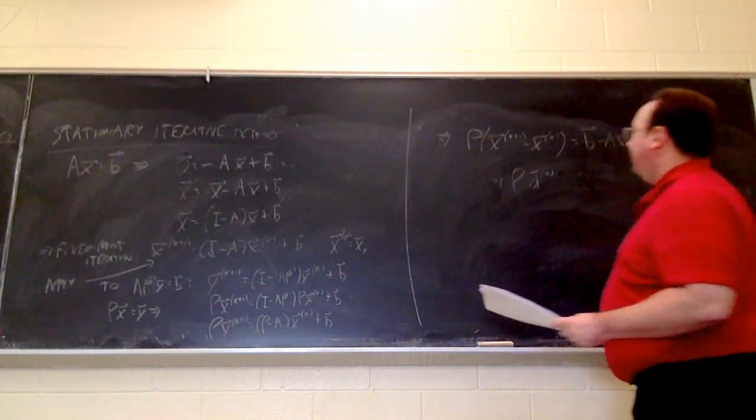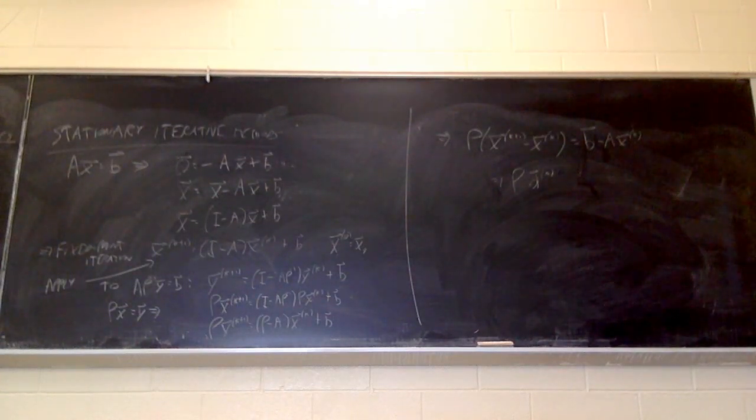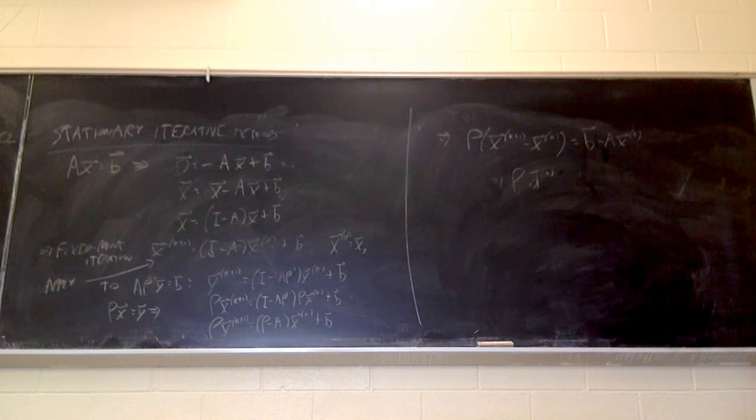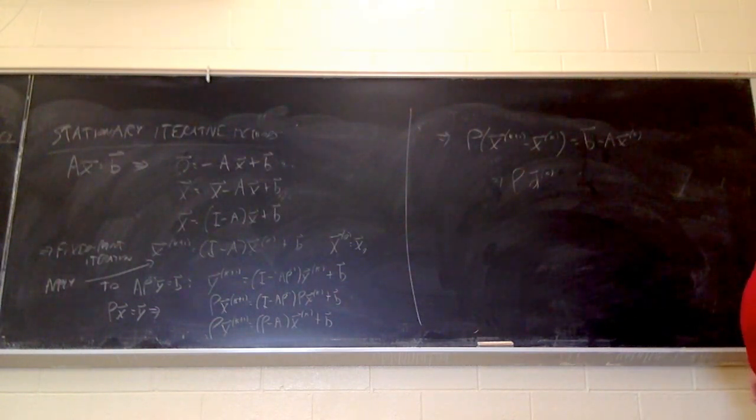D for direction. It's the step you're taking to get from one iterate to the next. So it's how much your iterates are changing. Preferably the d_k is going to 0.